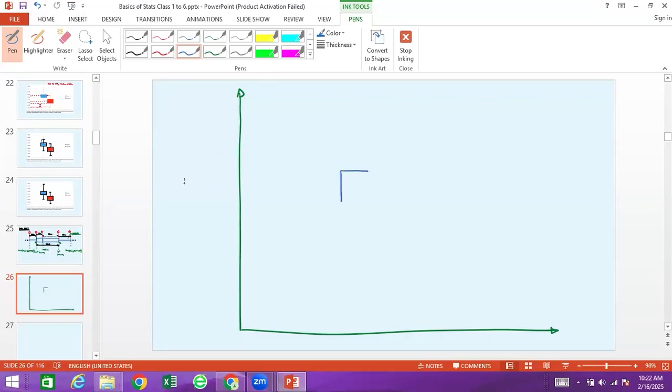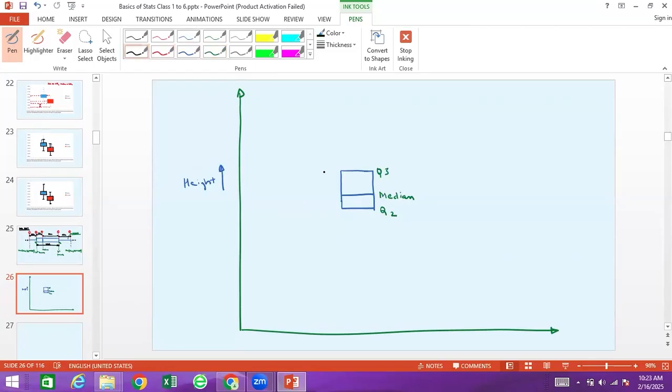Let's say this is height. Right now I have just plotted Q2. What is this? This is Q3. What is this value? Median.